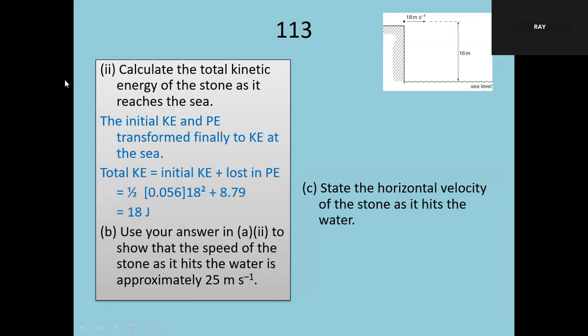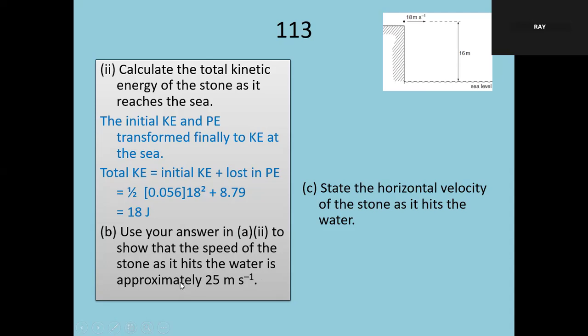Okay, the initial kinetic energy and potential energy converted to kinetic energy at this point, at the sea level. That's what we are calculating. Initial kinetic energy, change mass to kilogram. That's the speed or velocity. Then we have calculated this one already. So we get 18.